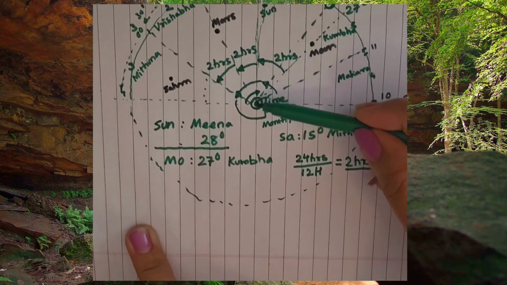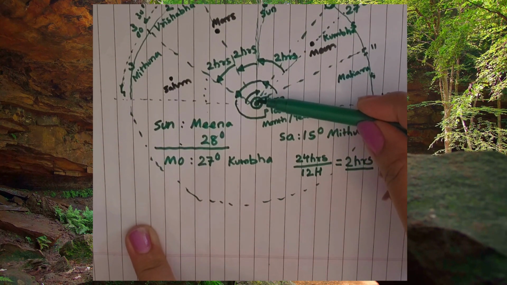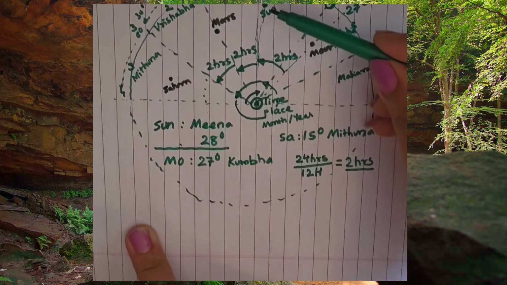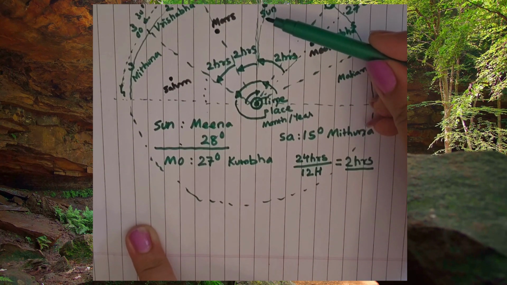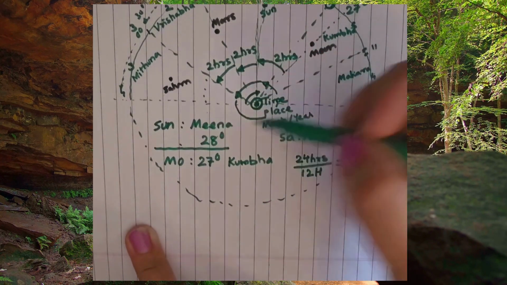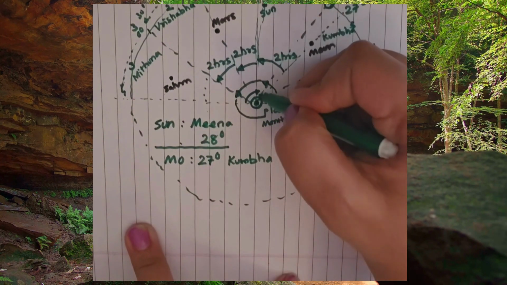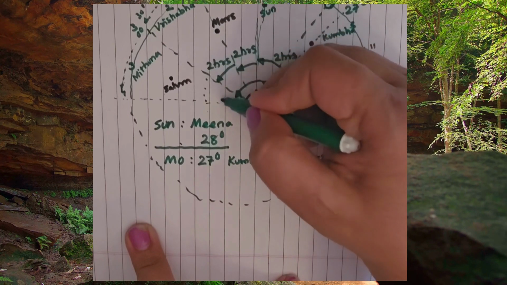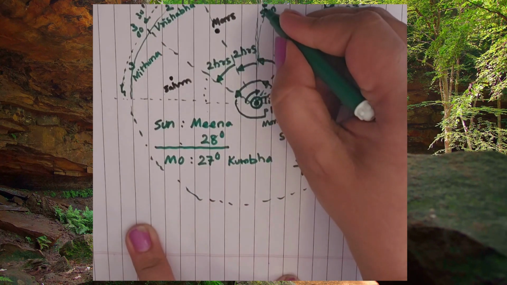Now, based on the time of birth of the child with respect to sunrise time on that particular day, the birthplace of the child will be decided in a particular rashi. What it means is, this 2 hour rotation will start from sunrise.